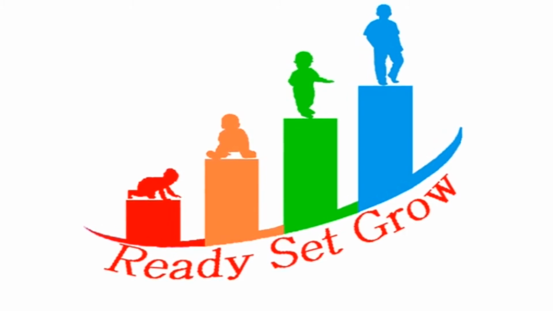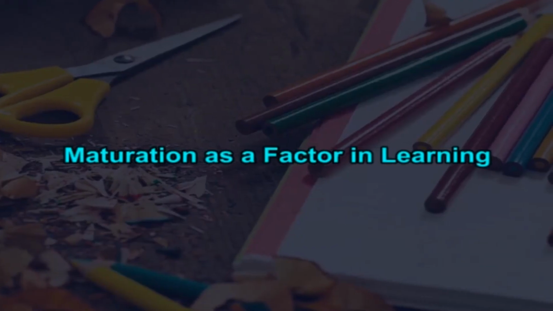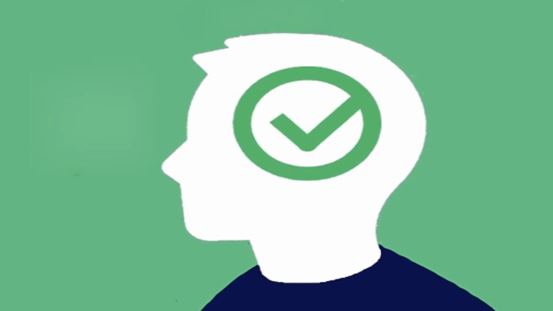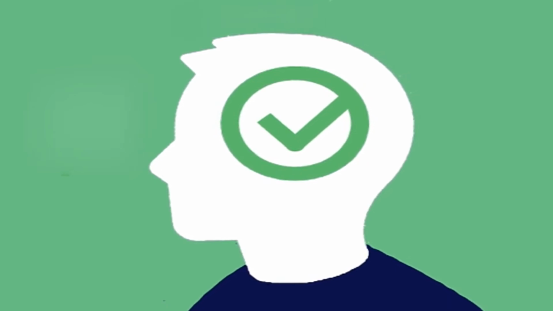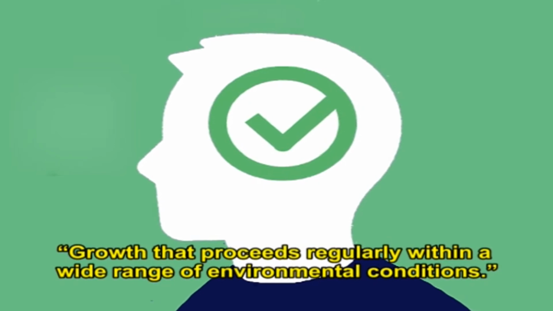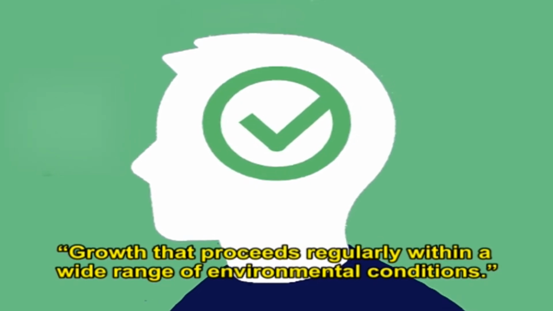The next important factor is maturation as a factor in learning. Maturation is an important factor that affects our learning. It is defined as growth that proceeds regularly within a wide range of environmental conditions.